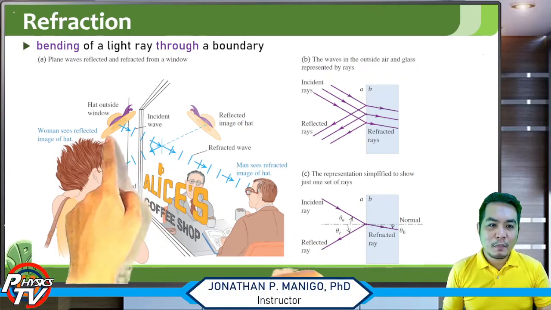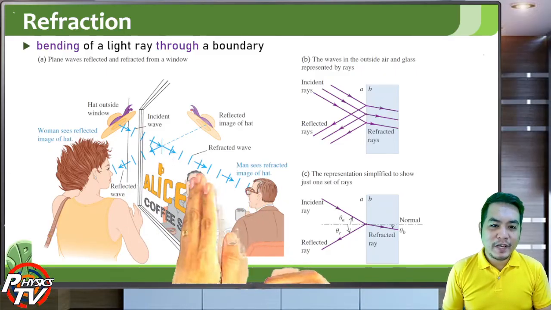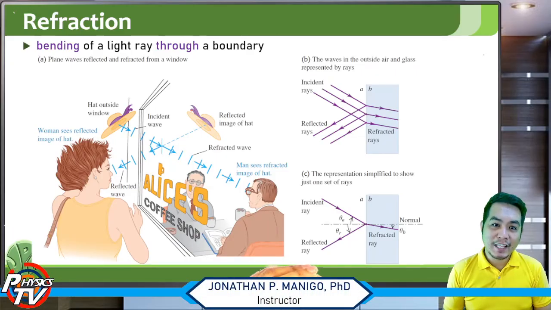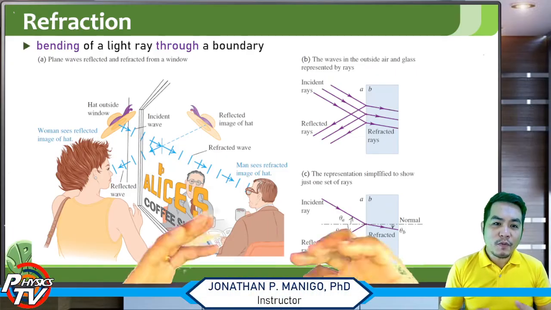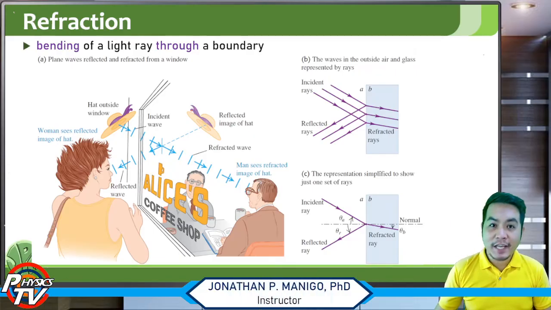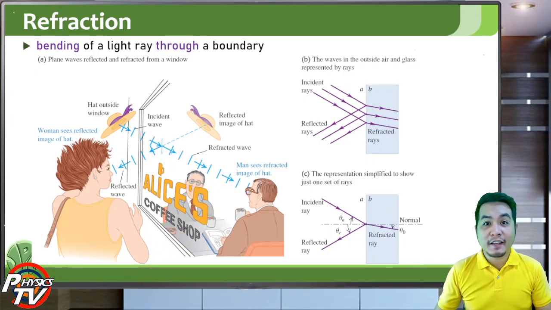The woman sees a reflected image of the hat, but the man inside or behind the glass sees a refracted image of the hat. So in this case, both reflection and refraction happen simultaneously. And in general, those two things happen simultaneously, reflection and refraction.